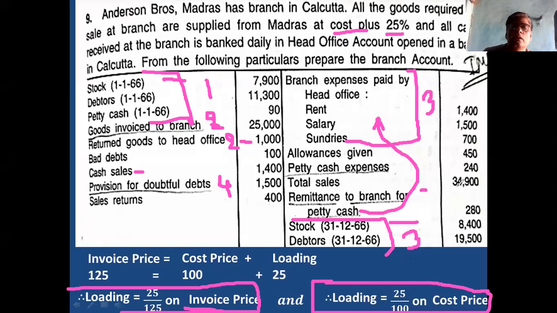Whatever amounts are given in the problem are considered as invoice price. Whenever they specifically mention the cost price, then you consider that as cost. Otherwise, you consider it as invoice price. Okay. Now you see the solution.